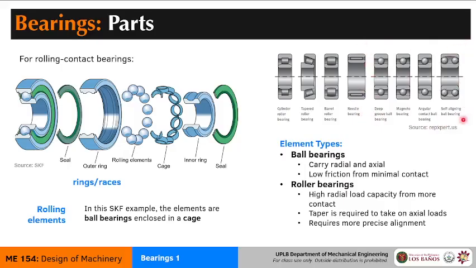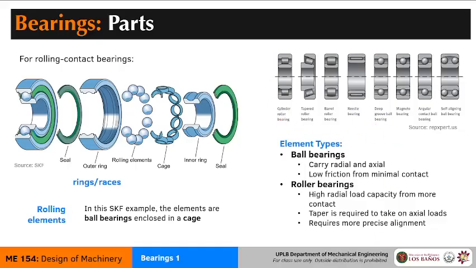Ball bearings are a bit more rounded overall compared to the rollers. And for the rollers, you can expect higher load bearing capacity in exchange for some drawbacks. All right, so those are the differences between the balls and rollers when it comes to loading.